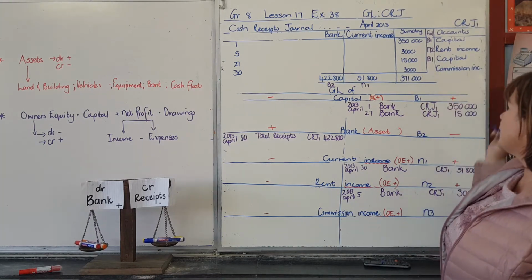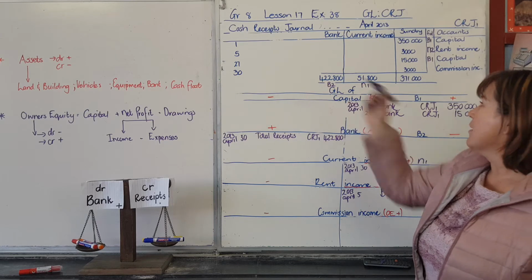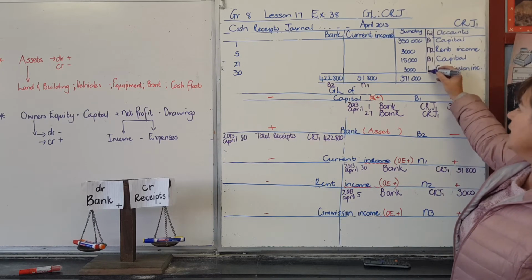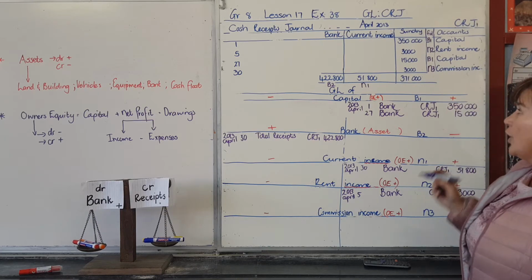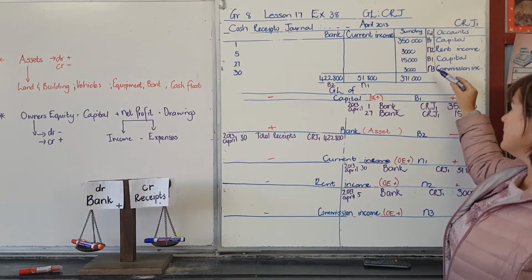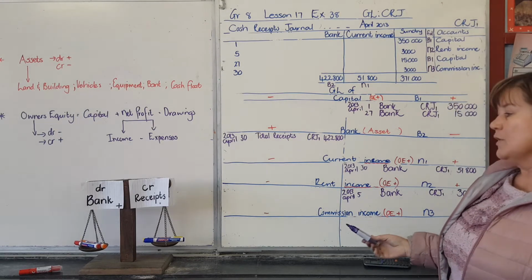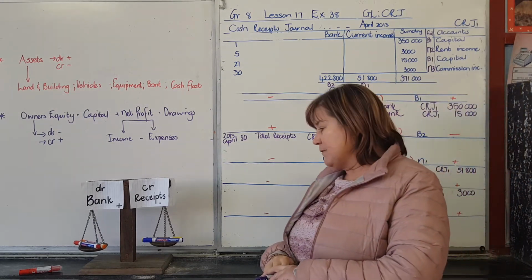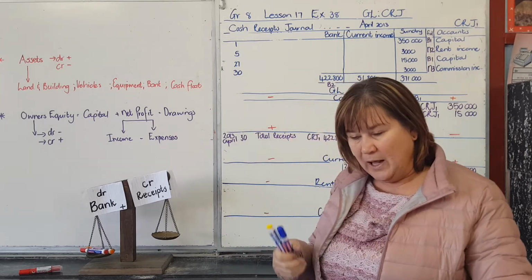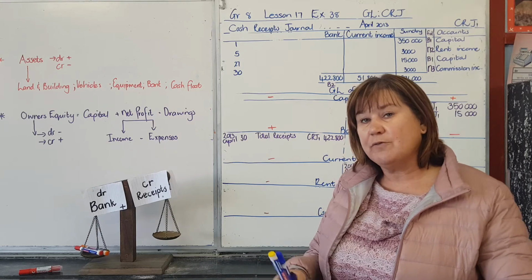Right, then our last one is commission income on the 30th. So your commission income, that's N3. So you're going to post 3,000 Rand to the account N3. The account N3 is commission income. So what happened? You've received money from somebody that you help, and you receive a commission from them.